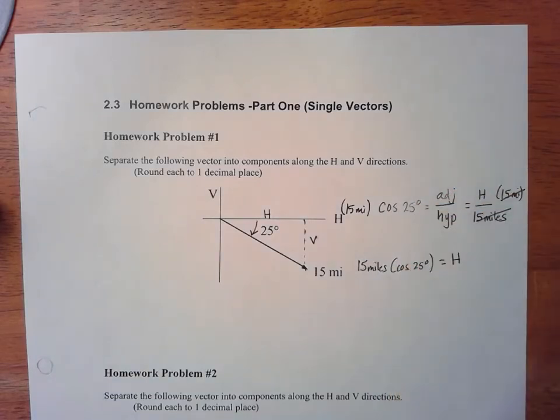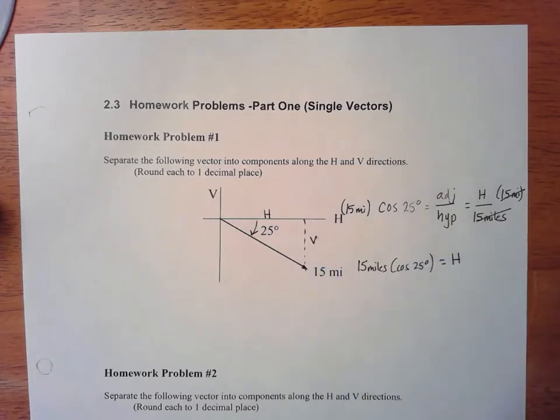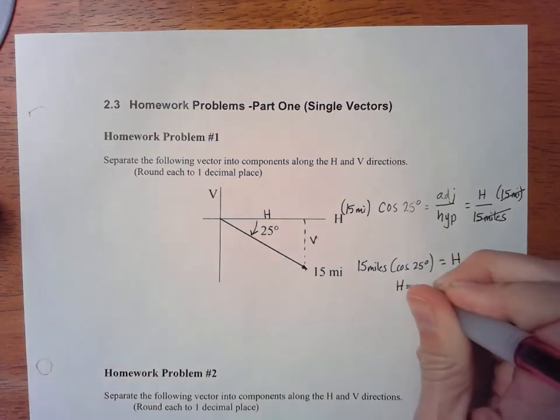So to put that into my calculator here, I have 15 times the cosine of 25. And when I get my equal sign there, I get 13.59. I'm going to take it to one decimal place, so we'll call that 13.6, and that's miles.